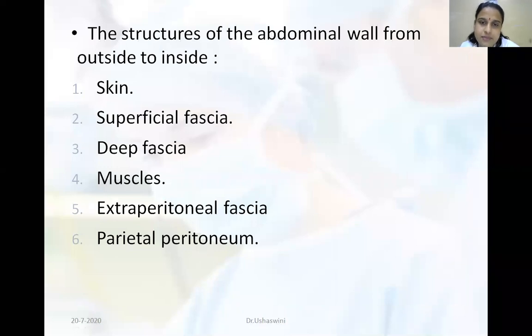Next, this is the most important thing that you should know: the structures of the abdominal wall that lie from outside to inside. This you have to know because as you give an incision on the abdominal wall, you need to know what structure you are incising.